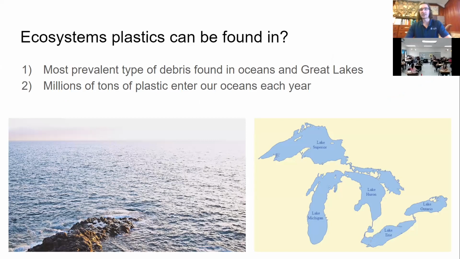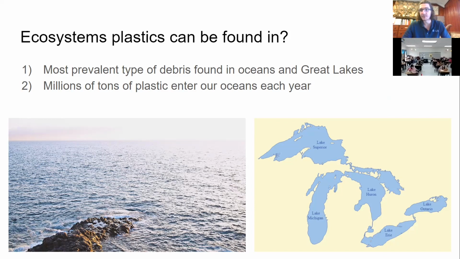Okay, so let's think about where plastics can be found, what ecosystems can they be found in? And the short answer is pretty much everywhere now. But primarily we find them in our oceans and in major bodies of water, like the Great Lakes that I have pictured there.